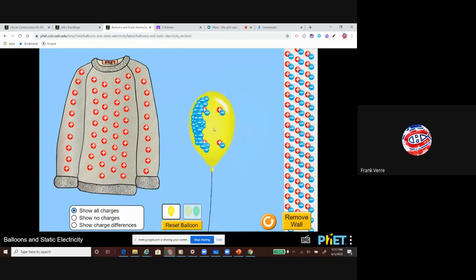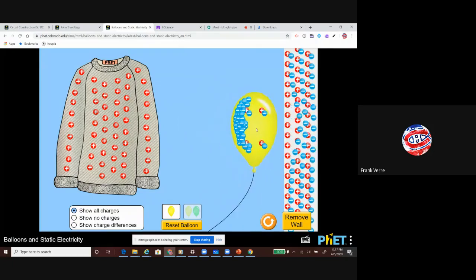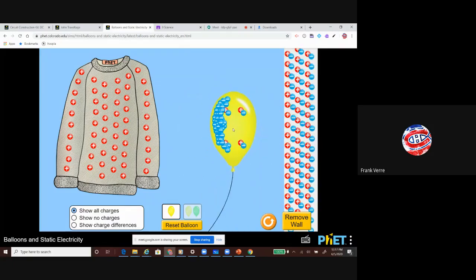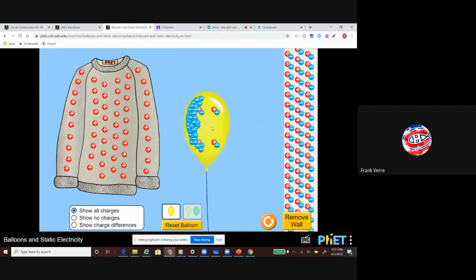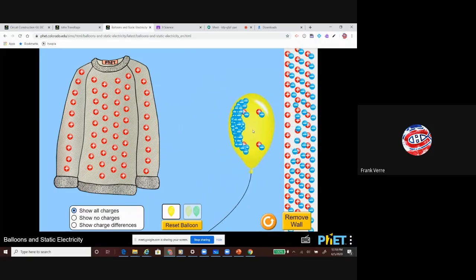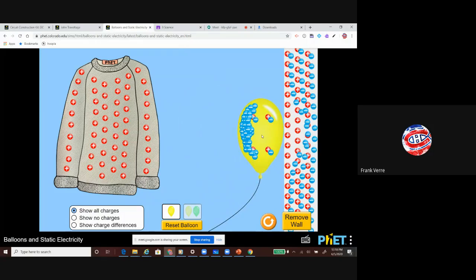Now, why are they getting pushed away from the balloon? Well, because that's the law of attraction and repulsion, right? The balloon is negatively charged. So as the balloon approaches the wall, if the electrons can move, then they're going to want to move away from the balloon. You can see that.